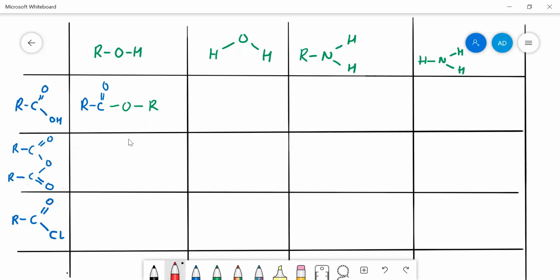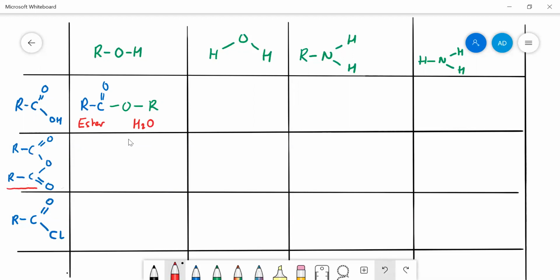That's an ester we formed there. And what is the little molecule that is eliminated there? Well, it's going to be that H and that OH, so we're going to get water, H2O.